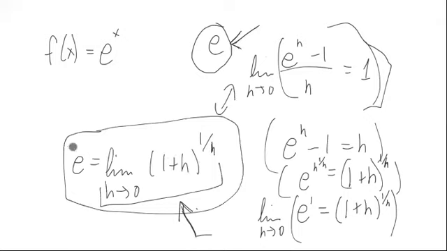And they go to this number e, and we just call e that limit. So we can actually compute e to very accurate decimal places by just picking h as small as we like in this particular computation. Okay, so that's what e is as a definition, and we can use it when we take derivatives. Let's see how we can use it.